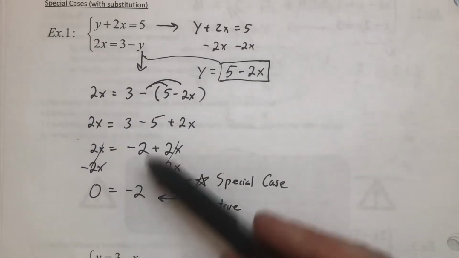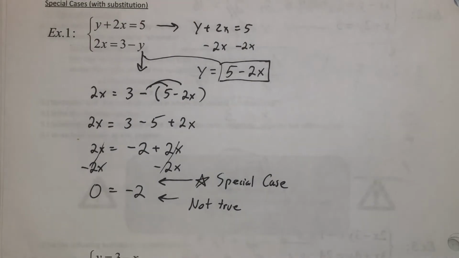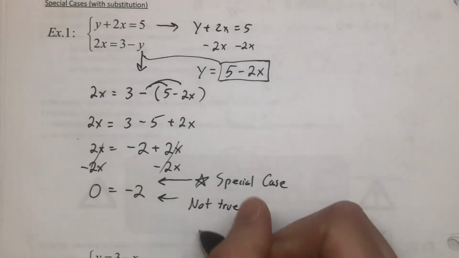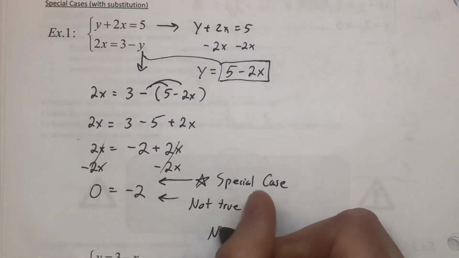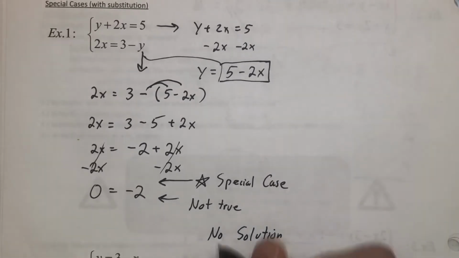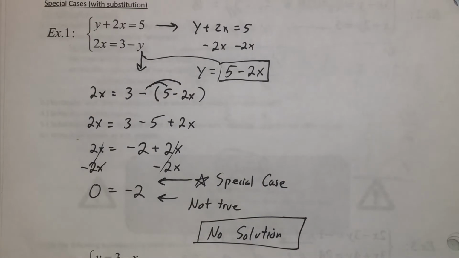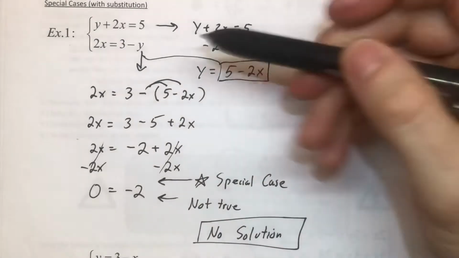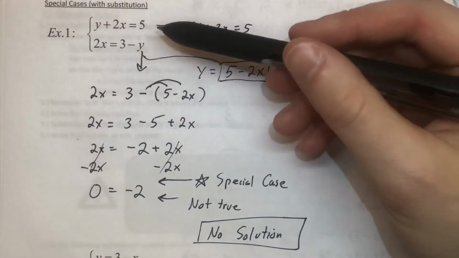This is telling us that our original problem doesn't have an answer. And so, in this class, the way we say that is the two-word phrase, no solution. That's the same phrase we used in chapter 2 to describe a problem that doesn't have an answer.